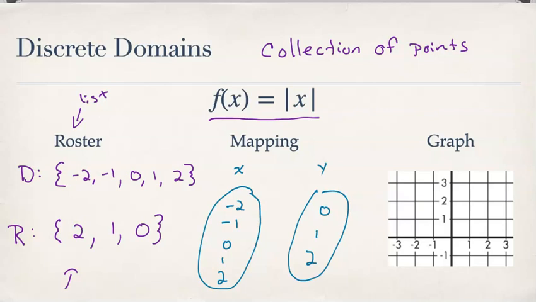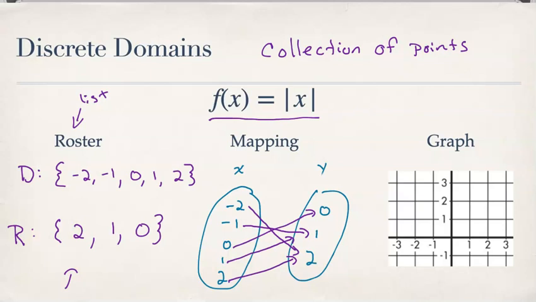So to complete this mapping, -2 maps to +2, because f of -2 is +2. -1 maps to +1. 0 maps to 0. 1 also maps to +1. And 2 maps to +2. So this is a mapping of this discrete domain that I chose.